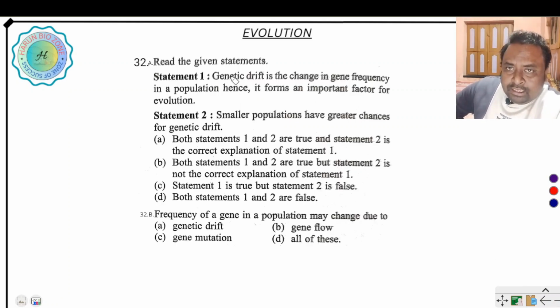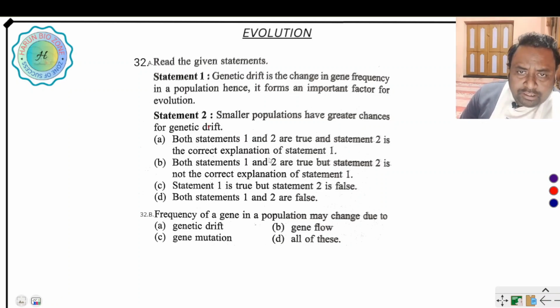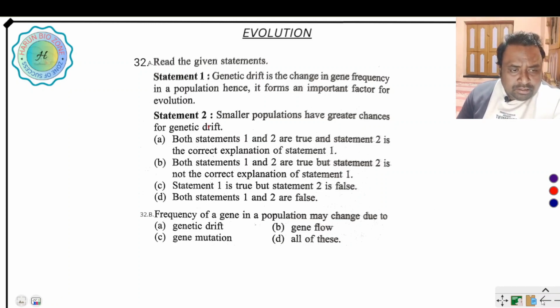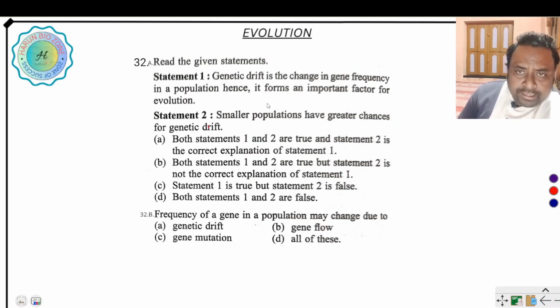Next question. Genetic drift is the change in gene frequency in a population, hence it forms an important factor for evolution. Definitely, smaller populations have greater chance for genetic drift. Both statements 1 and 2 are correct.